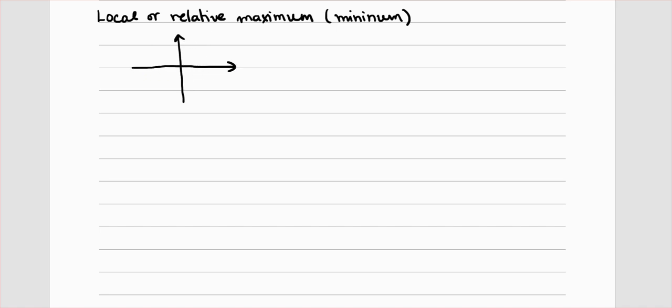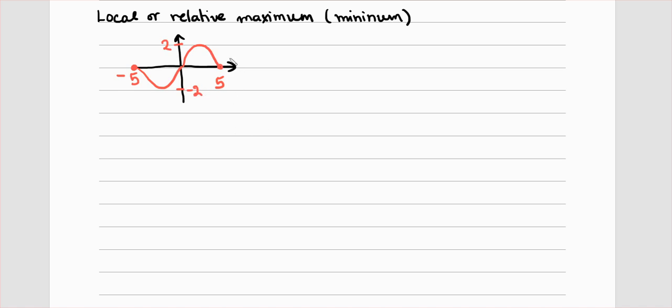So this will be our first graph, and this graph does have the closed domain from -5 to 5, so our y value is 2 and -2.